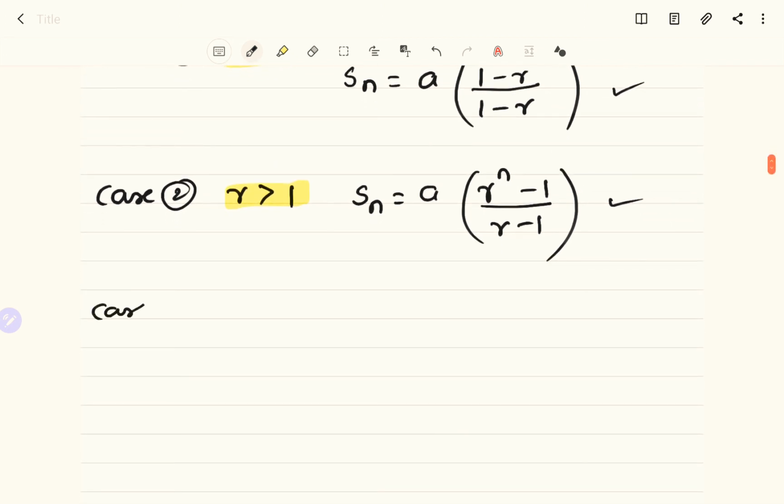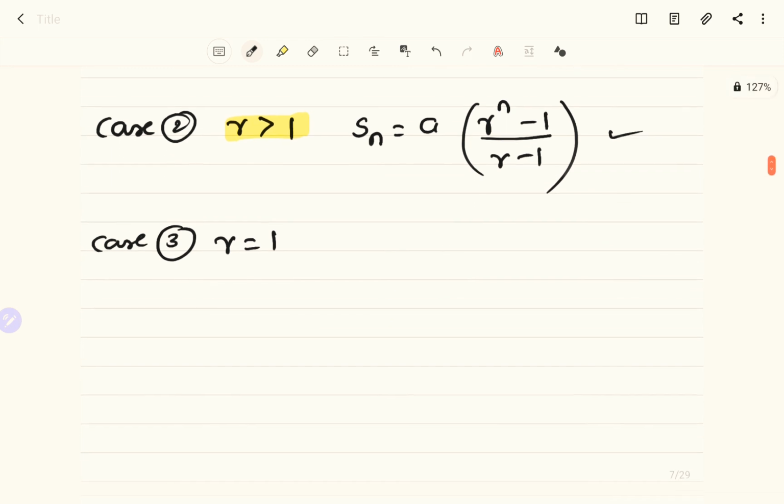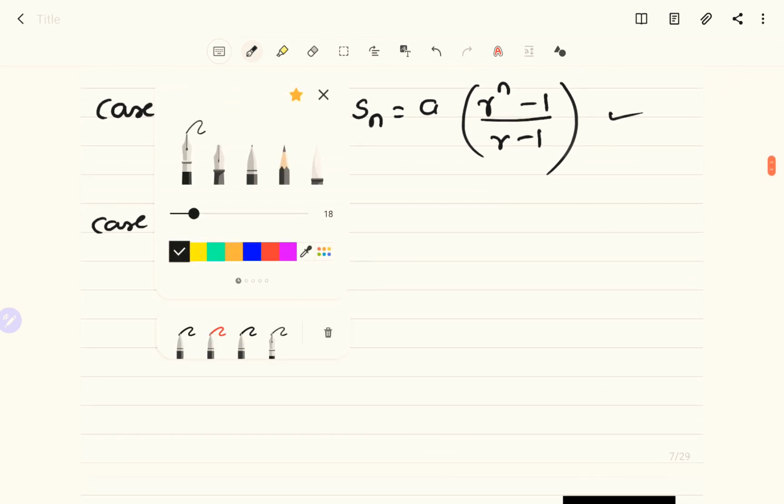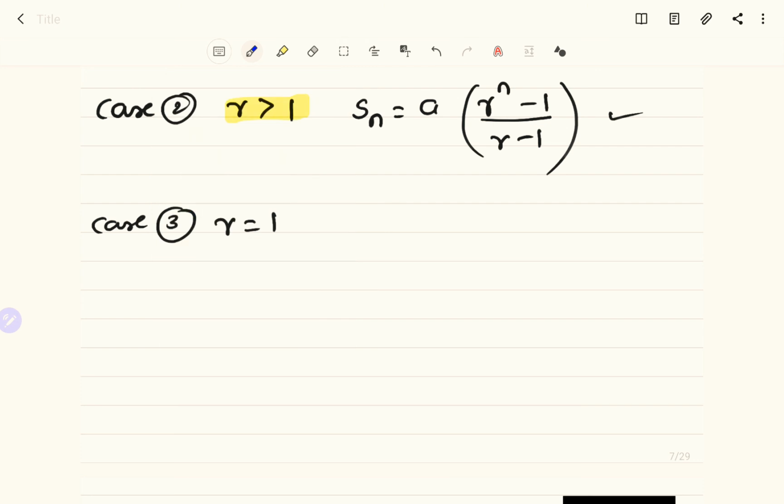Then here I am discussing case number 3, which is a very interesting one. What if the ratio of successive terms is 1? Friends, let's try to understand this case. Just ask yourself, which kind of sequence gives you the ratio 1 consistently? If you take the ratio of two successive terms and keep that ratio equal to 1 throughout, what kind of sequence will you observe?